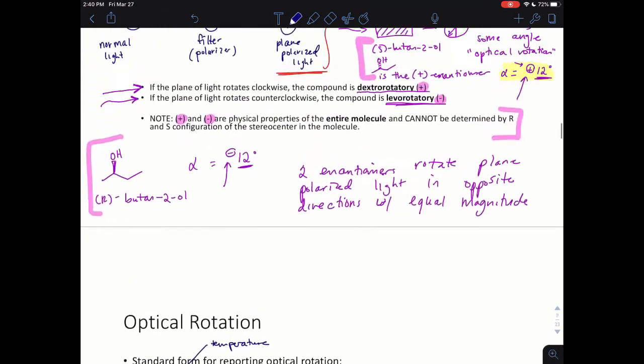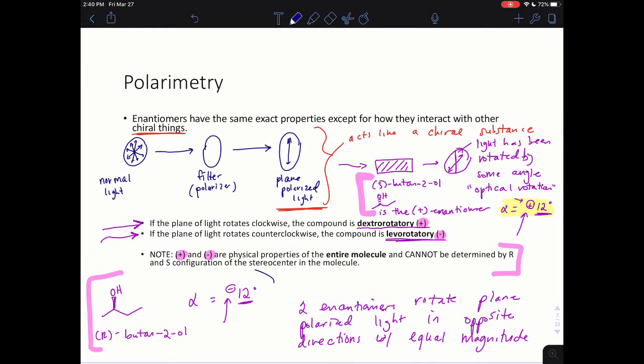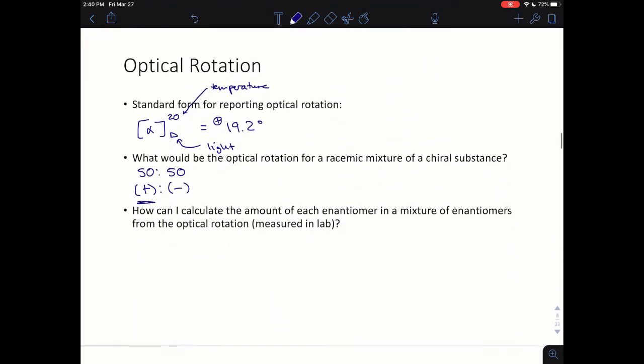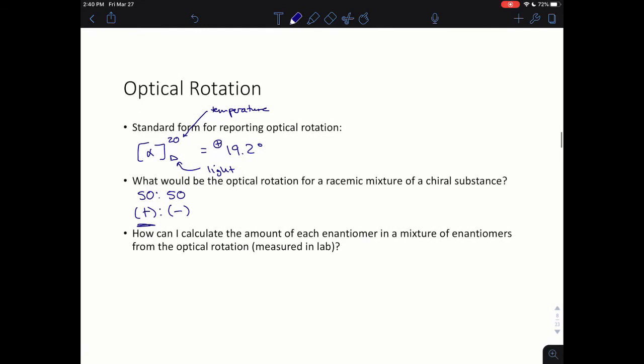And remember what we learned up here, the other enantiomer is going to rotate it in the opposite direction with an equal magnitude. So what will be the net optical rotation for a racemic mixture? Well, it will be 0 because one enantiomer will cancel out the effect of the other enantiomer.